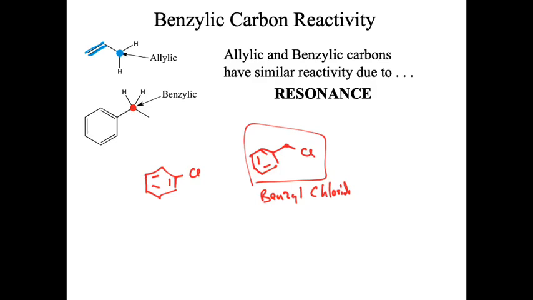So allylic and benzylic. And since we're on that topic, what if you were the carbon of an alkene? That one's vinylic. Kind of nomenclature things, probably not all that important.